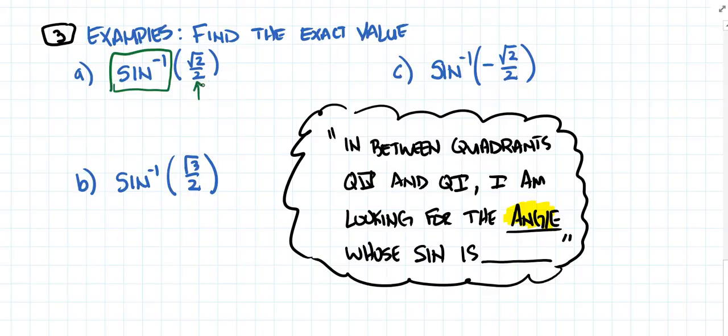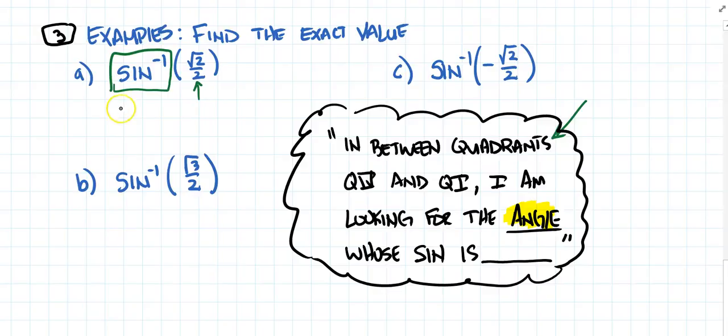So the sentence frame that I want you to think about is in this little box right here for each of these problems. So when you see this, I want you to say, in between quadrants 4 and 1, I am looking for the angle whose sine is rad 2 over 2.